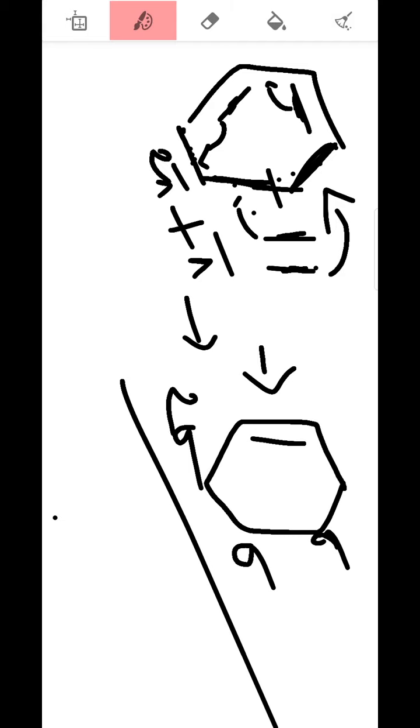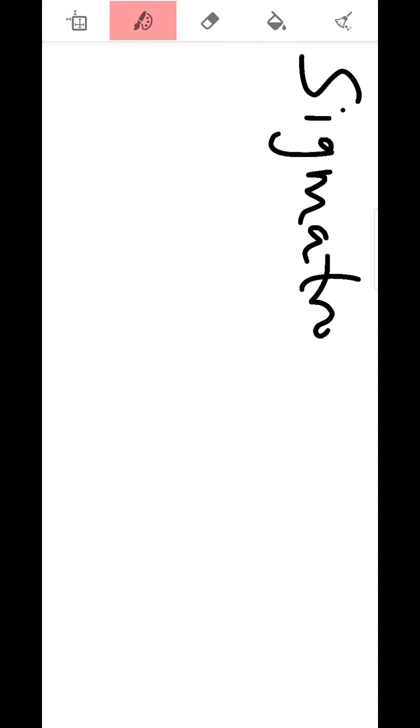So let's talk about the last one, which is the sigmatropic rearrangement.